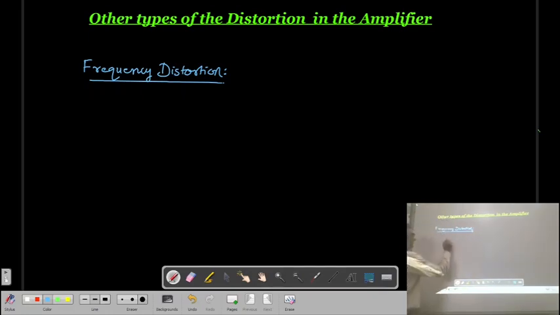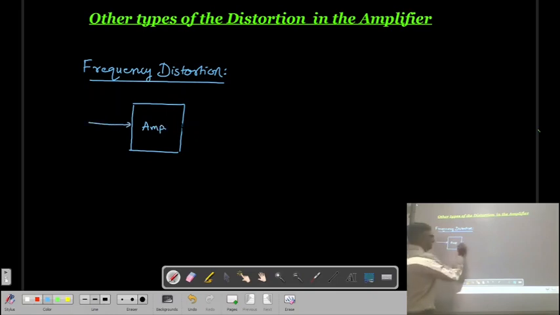So again, let us take an amplifier circuit. We apply a different frequency at the input, and we measure the voltage gain for the different frequencies. This is my input, the frequency F is present.